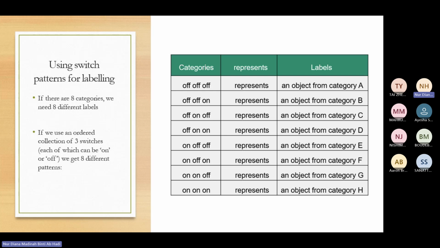For example: off, off, off; off, off, on; off, on, off; off, on, on. The pattern in the first column is off, on; the second is off, on; the last is off, off. Based on this, each pattern represents an object of a different category.